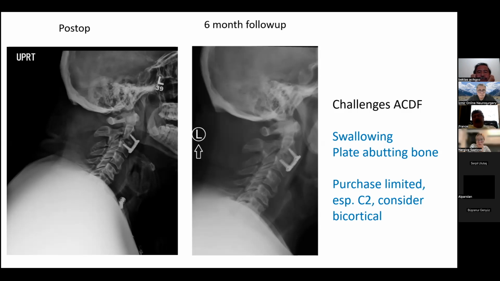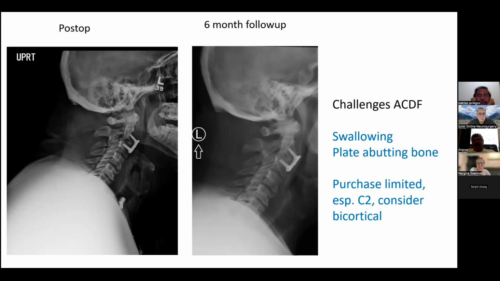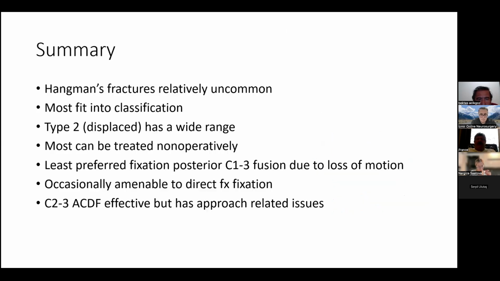The fixation in the body of C2 with vertebral screws is not robust. In some of these, we even consider doing bicortical fixation and grabbing the posterior cortex at C2. So swallowing problems and dysphagias, I think the biggest problem with C2 in your elderly patients, that's even a bigger issue. This patient did fine at 6 months follow-up.